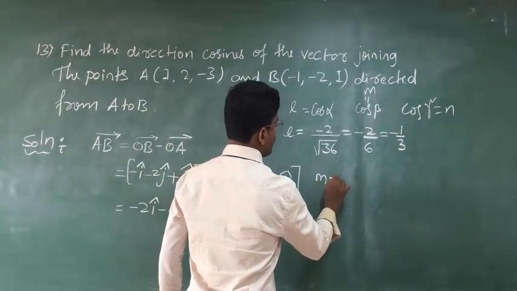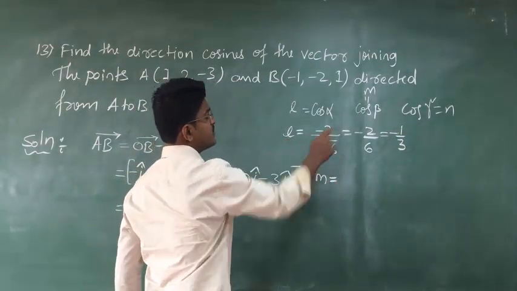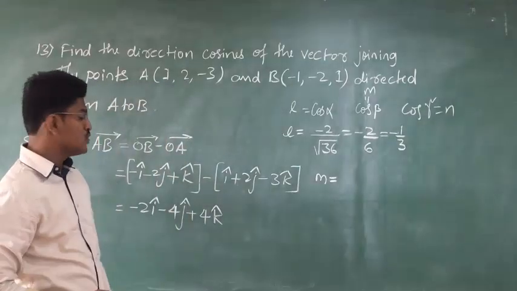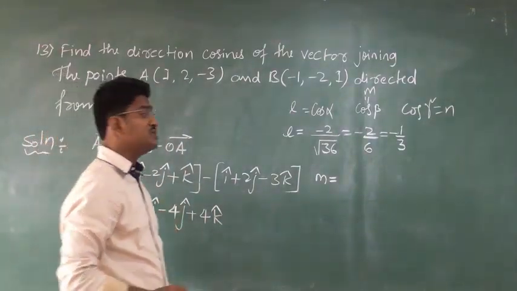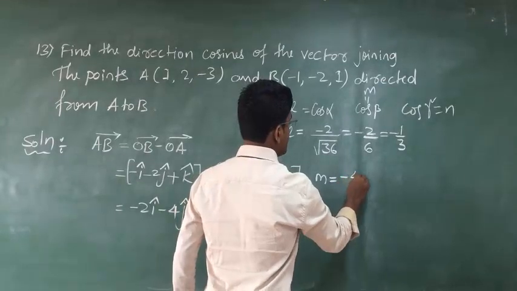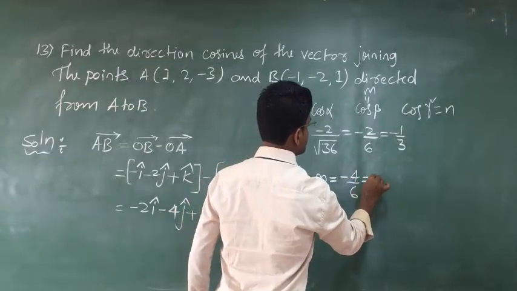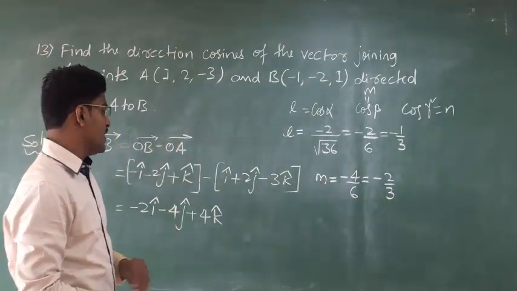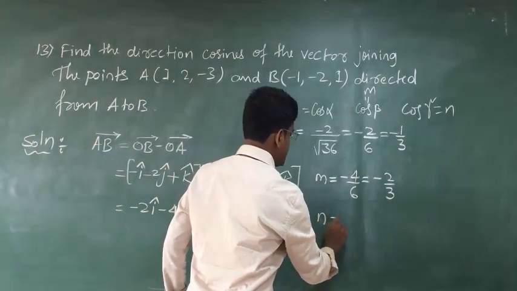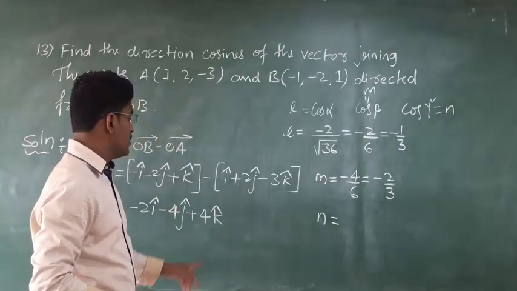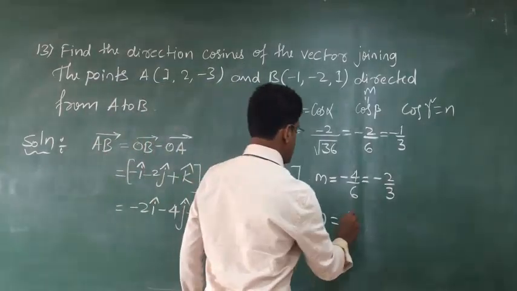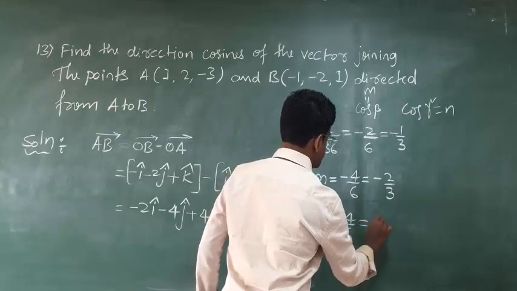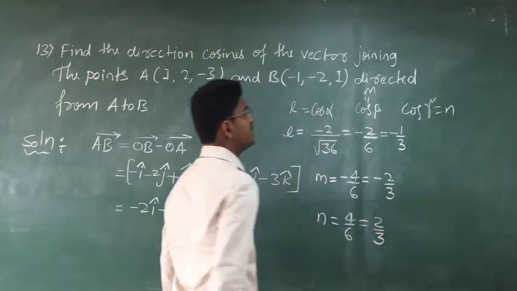Next, cos alpha equals minus 1 by 3. Now m equals minus 4 by how much? Minus 4 by 6, that is nothing but minus 2 by 3. Clear? Now find n, that is cos gamma. 4 by 6 is nothing but 2 by 3.